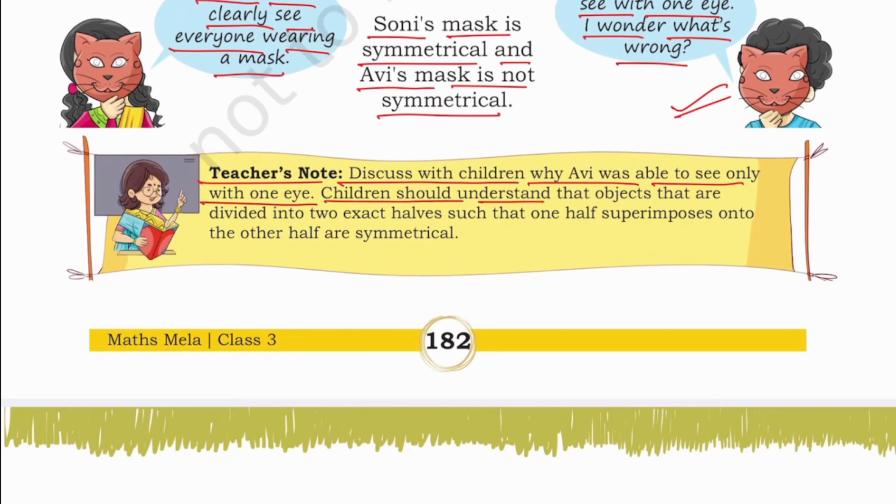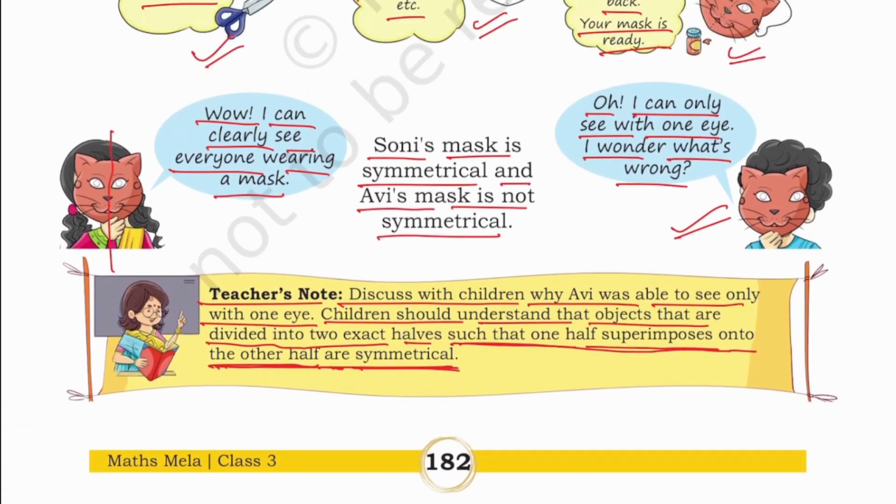Children should understand that objects that are divided into two exact halves, such that one half superimposes onto the other half, are symmetrical. For example, Sony's mask is symmetrical, whereas Abhi's mask is not symmetrical, so he can't see things with his two eyes.